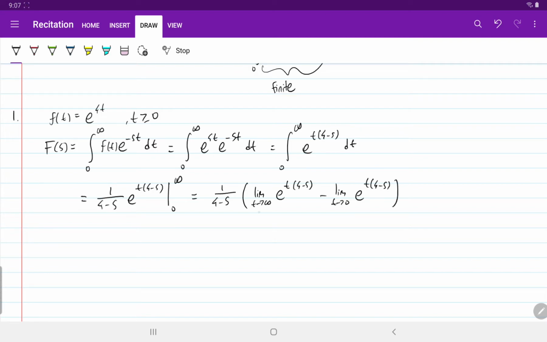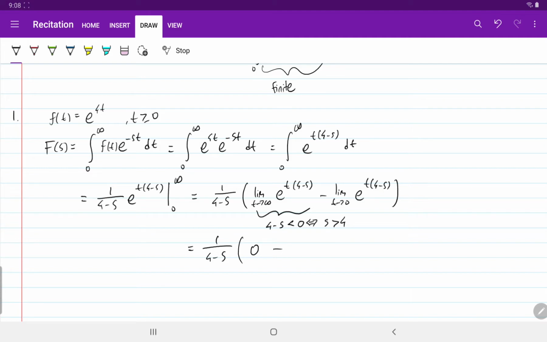Okay, so for the first limit, assume that 4 minus s is negative. If 4 minus s is negative, that means s is greater than 4. Then as t goes to infinity, this term should go to 0, right? So we obtain 0 if s is greater than 4. Okay, so we have 1 over (4 minus s), this is 0 by our assumption, and then minus the limit as t goes to 0.